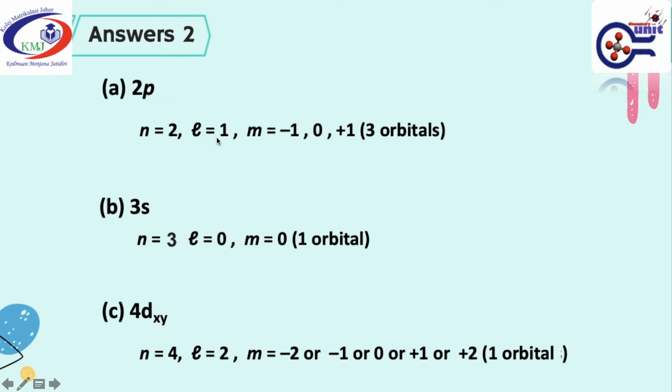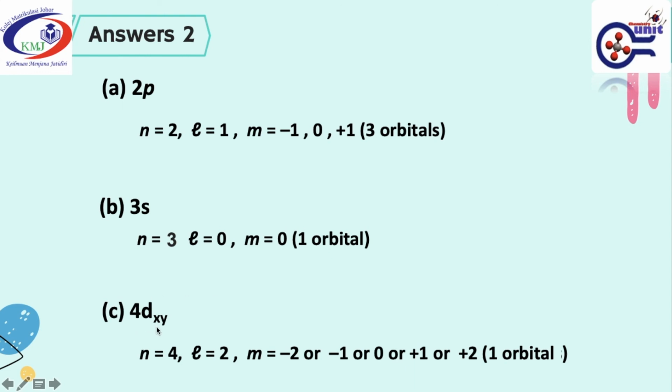So when L is equal to 1, m is equal to negative 1, 0, positive 1. So it has 3 orbitals because it has 3 values of m. For 3s, n is equal to 3, L is equal to 0 because it is s orbital, and m is equal to 0 from L is equal to 0. So you only have 1 value of m. So you are going to have 1 orbital only.